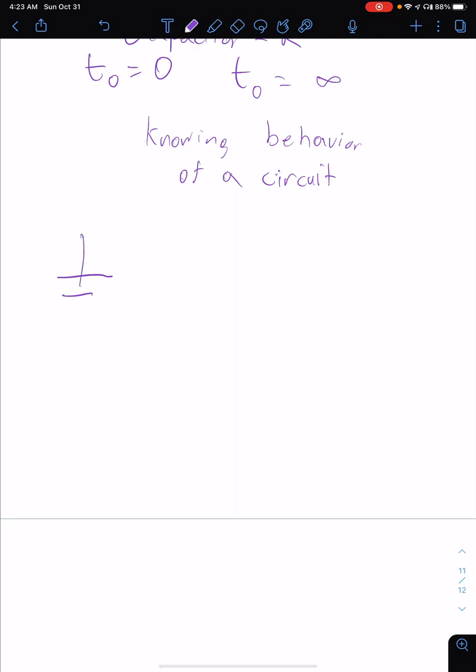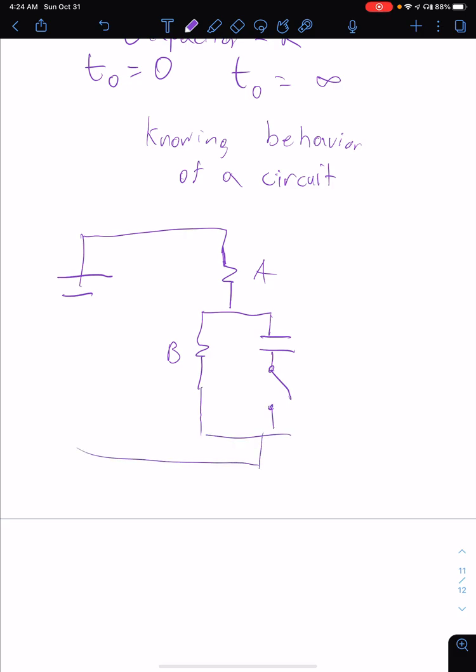So we have a battery with a resistor, hint, hint, wink, wink, resistor A, and then resistor B, and then a capacitor with a switch. Okay?